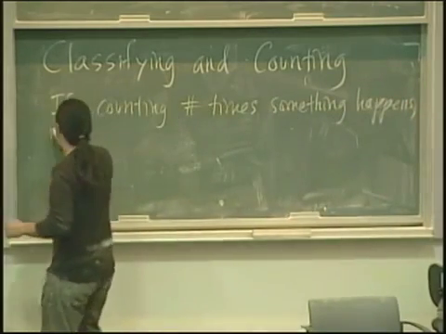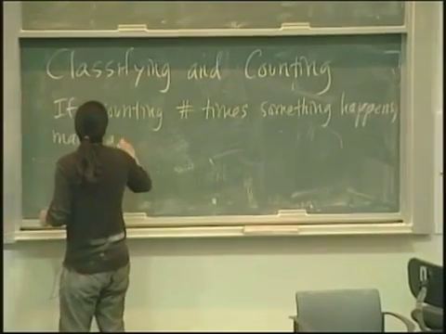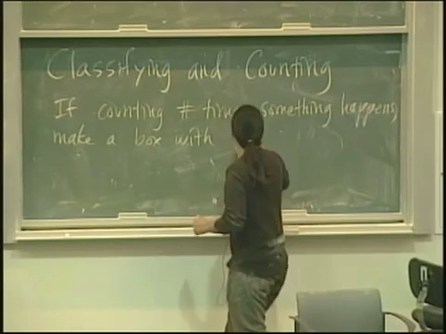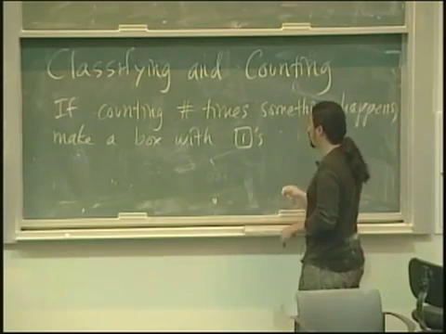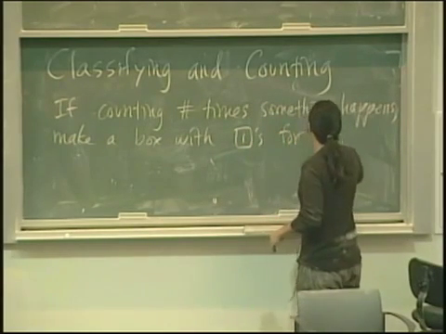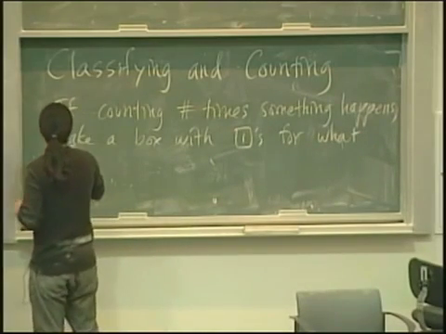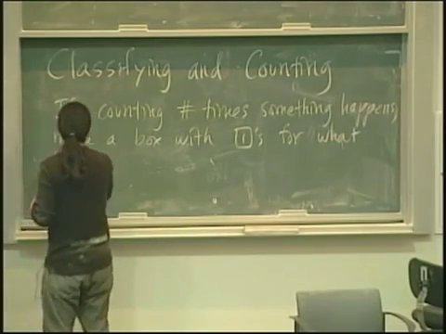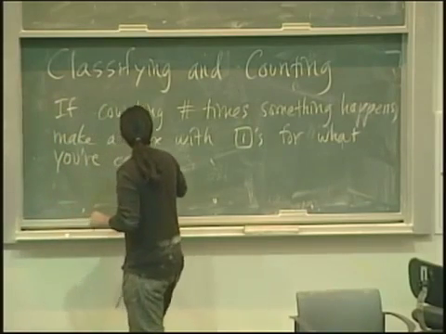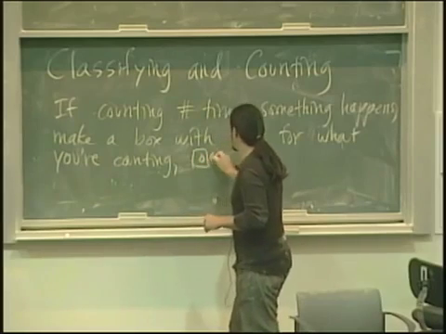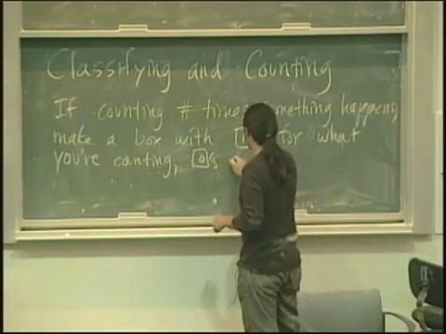So make a box with tickets marked 1, 1s for what you're counting, and tickets marked 0 for everything else.